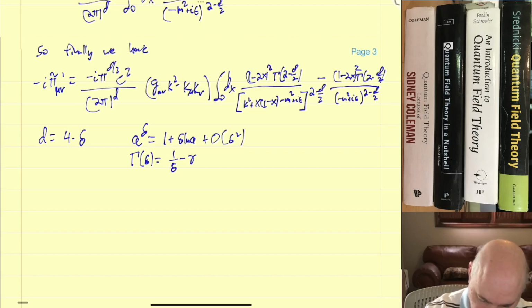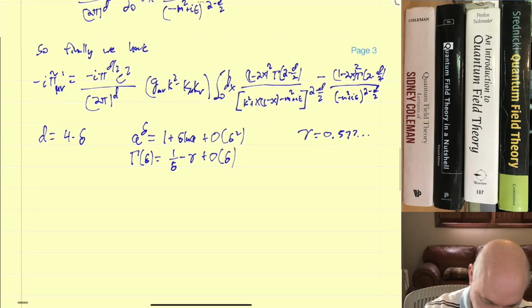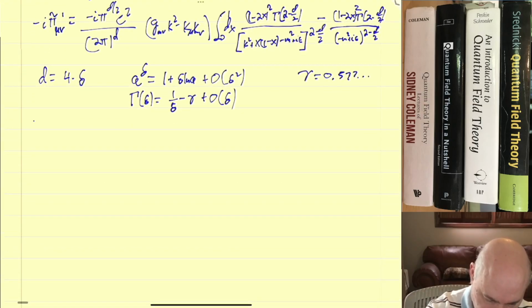Gamma is that Euler-Mascheroni constant, 0.577, I think. And so now we find the renormalized photon propagator.